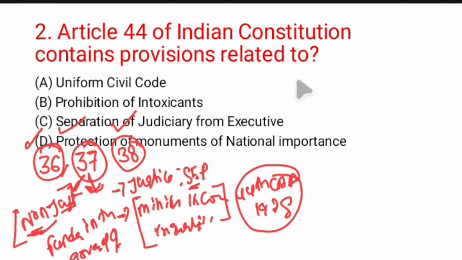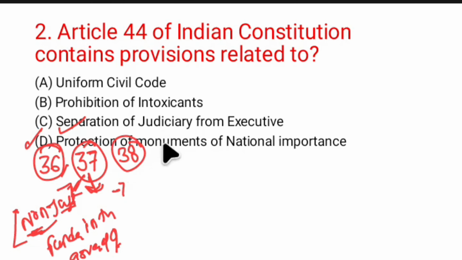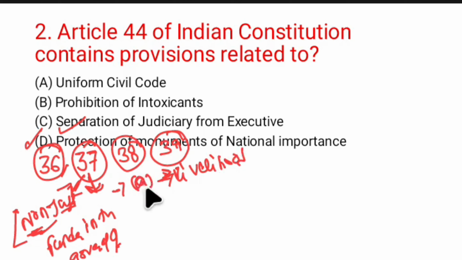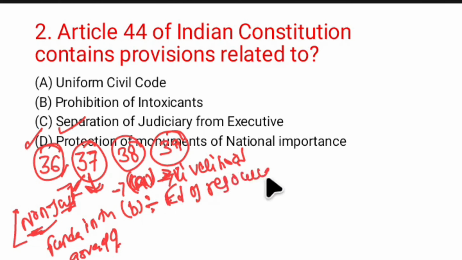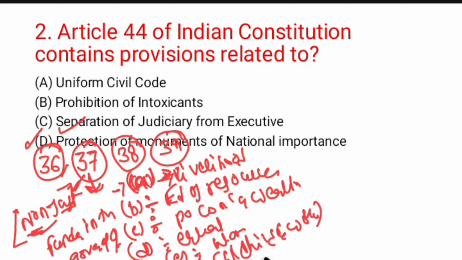And if you talk about Article 39, it contains provisions from A, B, C, D, E, F. Article 39 small a talks about providing adequate livelihood, and 39 small b talks about equal distribution of resources, and c talks about prevention of concentration of wealth, and d talks about equal pay for both men and women, and e talks about workers, and f talks about healthy development of children.